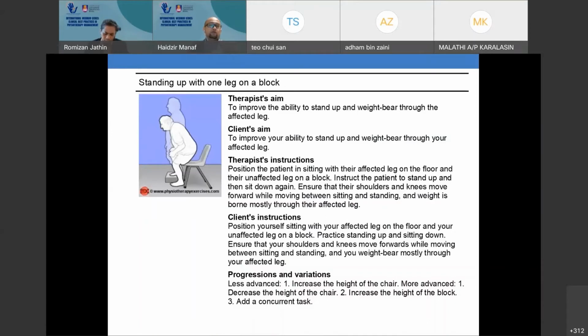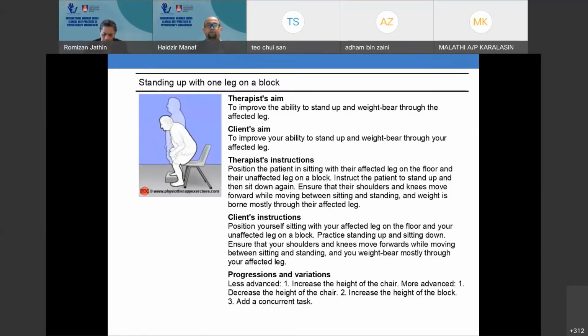Once the patient is able to stand up using the good leg, we need to shift to the unaffected leg. As the patient improves, the position of the feet can be reversed to focus attention on increased use of the weaker side.